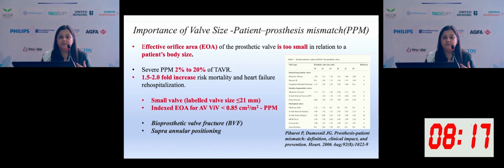Now in valve-in-valve, a small valve is considered when your valve is around 20 or 21 based on the different frames which are available, and more importantly, if the indexed effective orifice area, which you can calculate on CT, is less than 0.5 cm² per m² of indexed body surface area, it is considered patient prosthesis mismatch. This is important to know because they will use fracturing before implantation of the second valve, or they will prefer a supraannular implantation in case the coronary heights are higher.